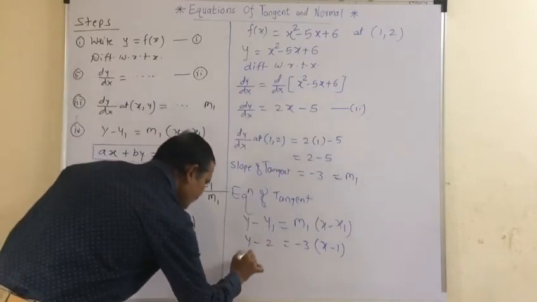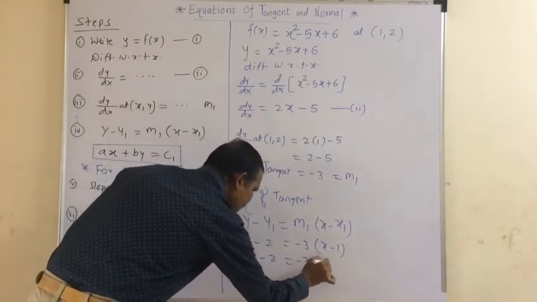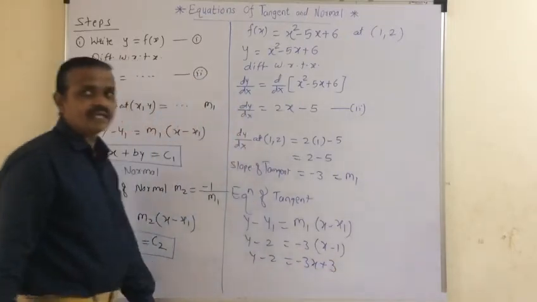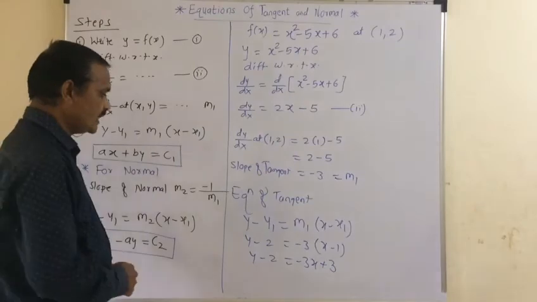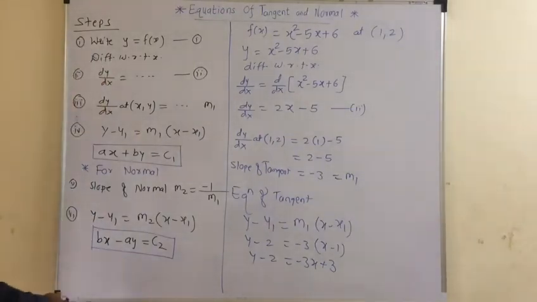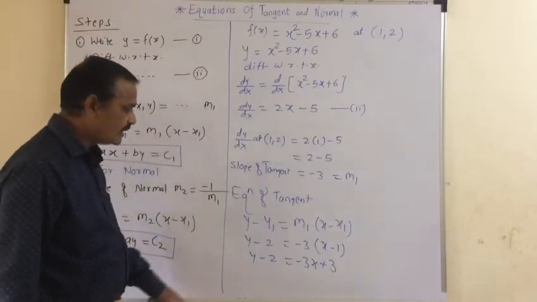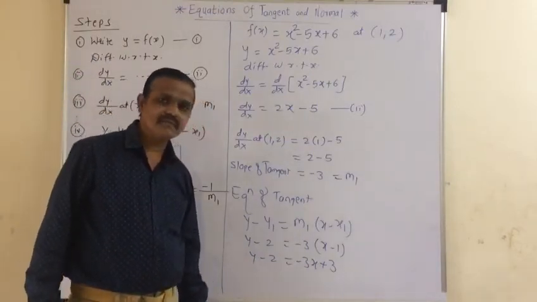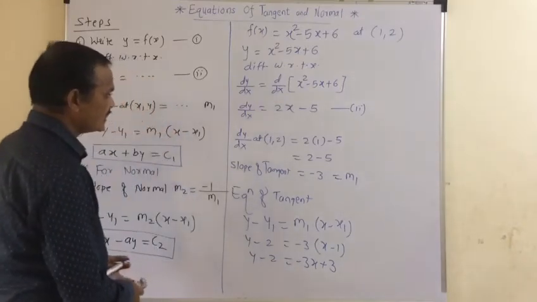Now simplify, y minus 2 is equal to minus 3x plus 3. Now to the next step, we transfer this minus 3x on left hand side, that is we have to collect variables on one side and keep constants on another side.